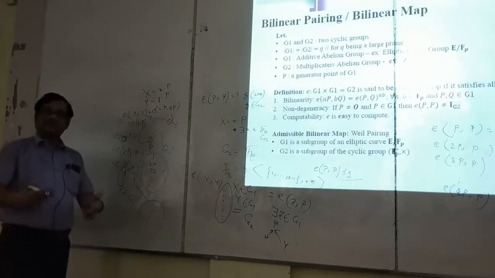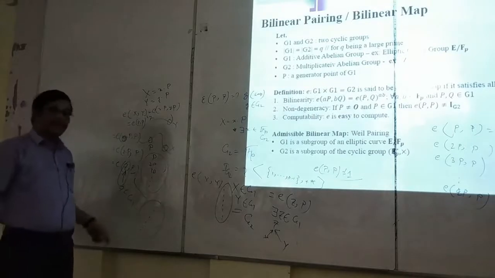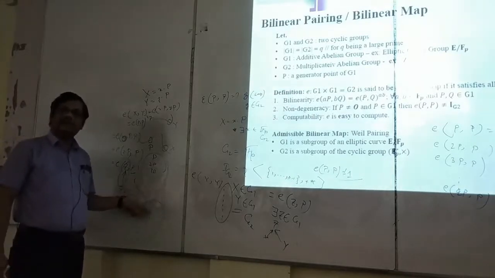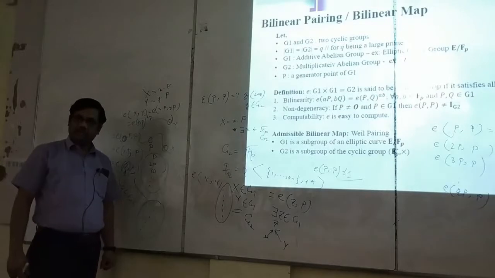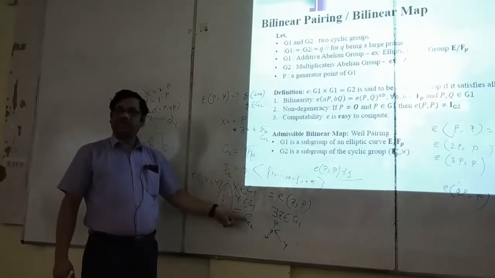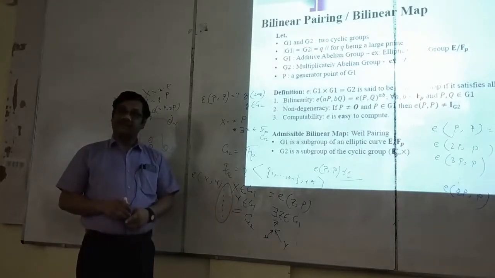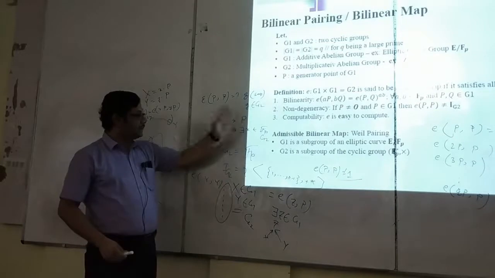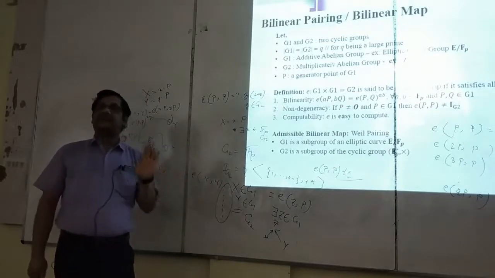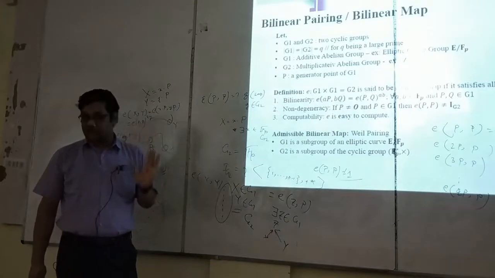Because we are doing g square, g cube, g to the power 4, etc., this is the cyclic subgroup generated from g. What is g? g is an element in G2 or Fp. Now there are two possibilities. Lagrange's theorem says that the size of the cyclic subgroup is always a divisor of the size of the main group.